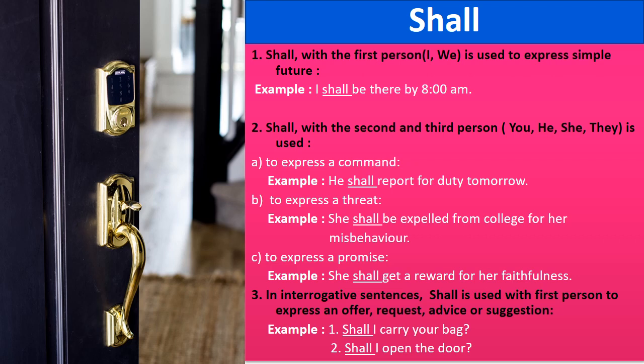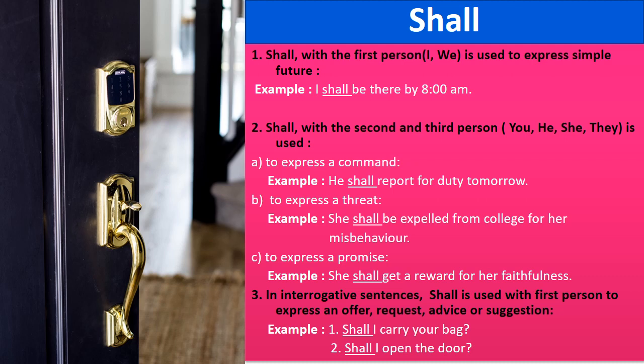Now students, today in this video, we are going to learn 4 modal verbs in detail. That is, uses of shall, should, will, and would. Now first let us learn about shall. Use 1 is shall with the first person, I and we, is used to express simple future.